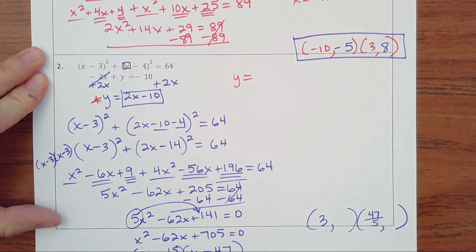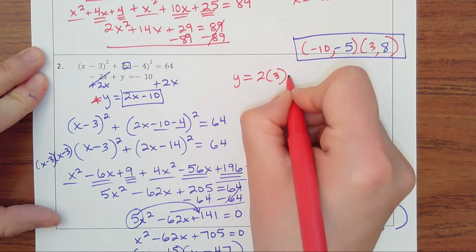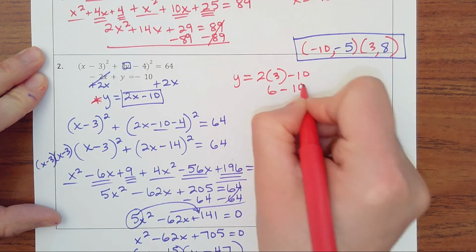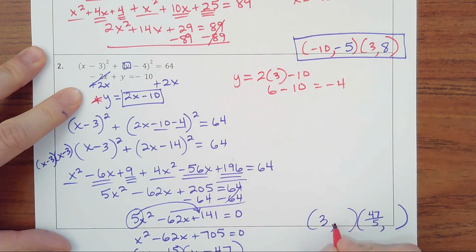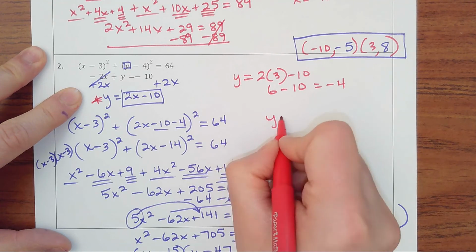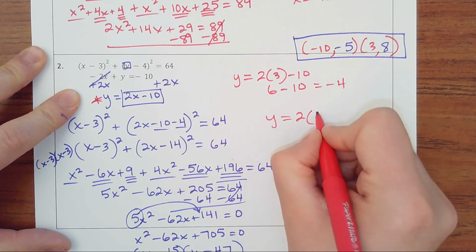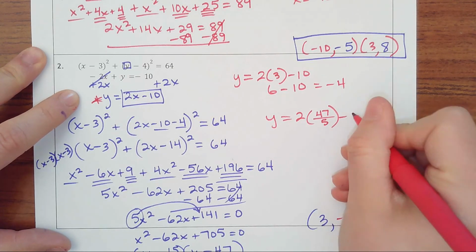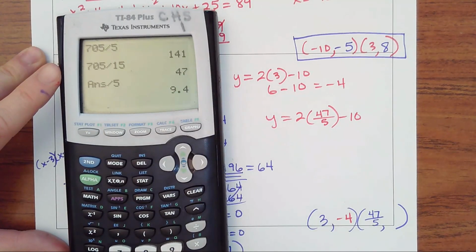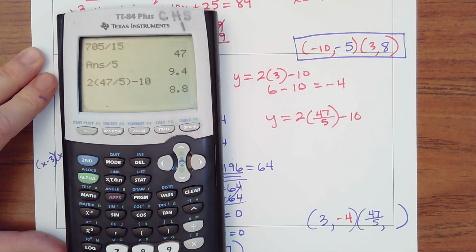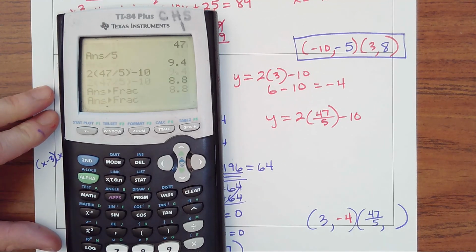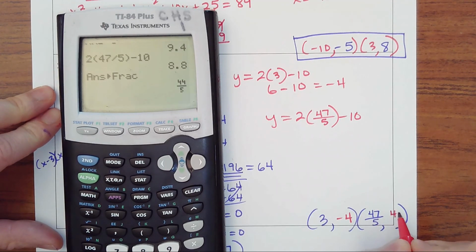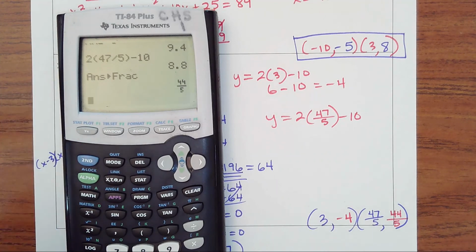Y is 2 times 3 minus 10, or 6 minus 10, which is negative 4. And y is 2 times 47 fifths minus 10. I'm going to do that on my calculator. 8.8 if you want the decimal, or 44 fifths. Either one is fine.